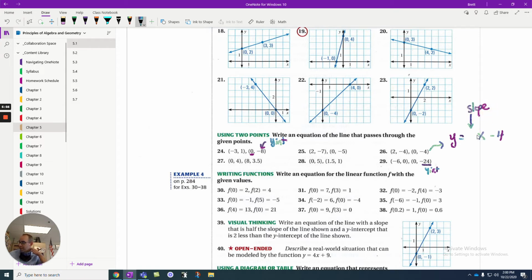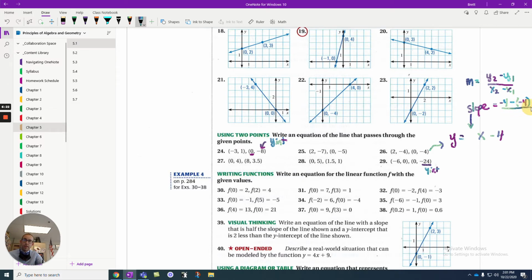Well, we learned a couple of assignments ago how to find the slope. The way we learned that was that the slope is y2 minus y1 over x2 minus x1. That is to say, we take the last y, negative 4, and we subtract the first y, which was also negative 4.